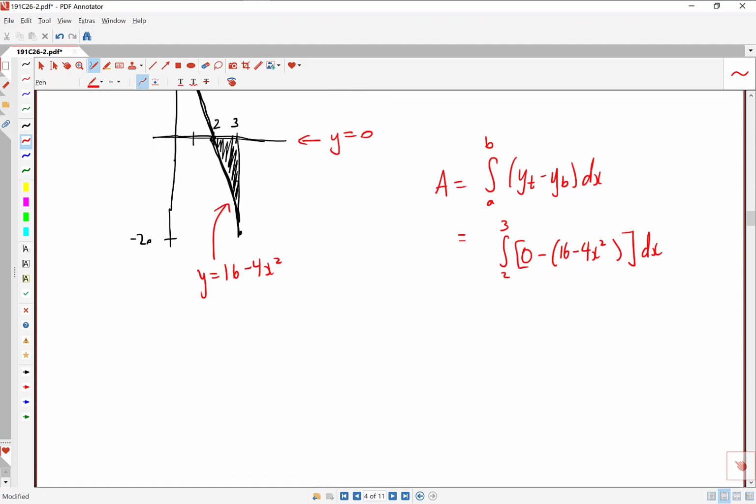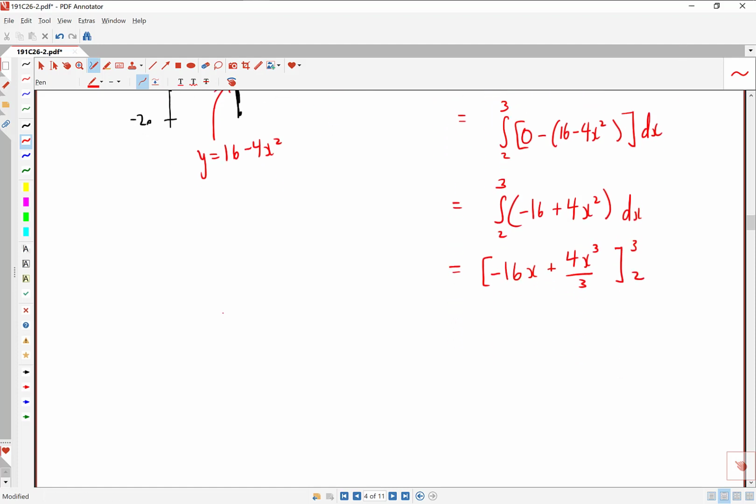So let's clean up our integrand. If we actually distribute that minus sign, it's minus 16 plus 4x squared that we want to integrate. All right, so let's integrate that. Negative 16x plus 4x cubed over 3. And we're going to evaluate at 3 and then at 2. So let's plug in here.